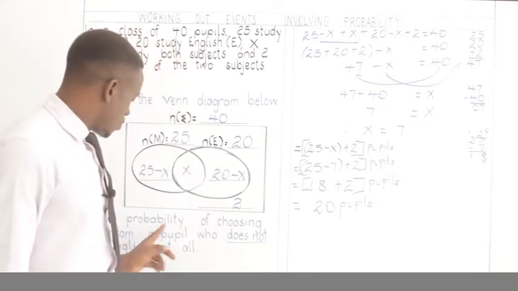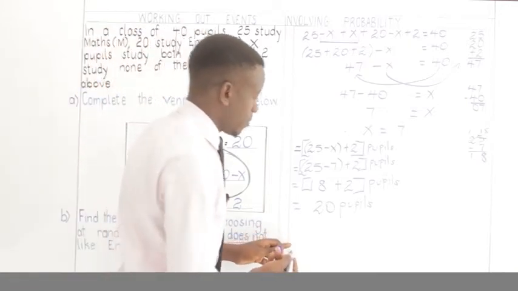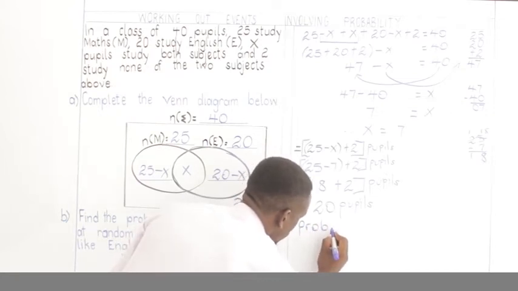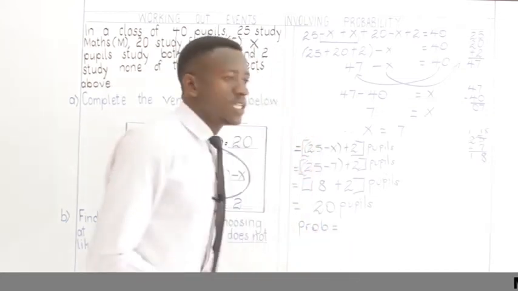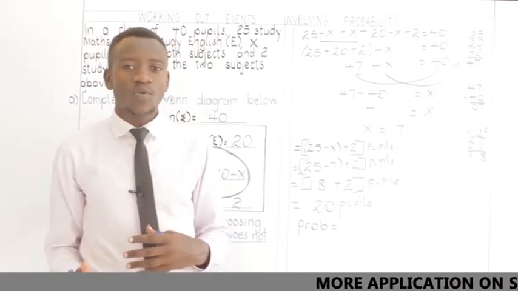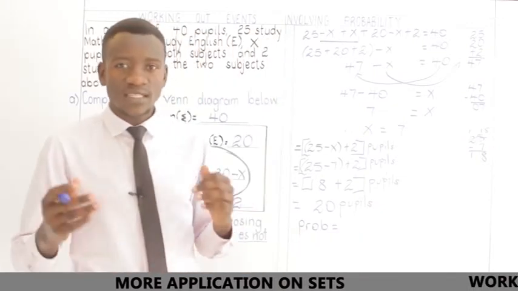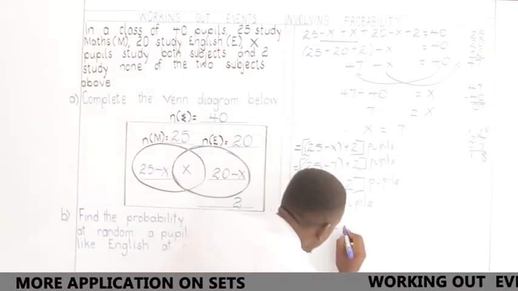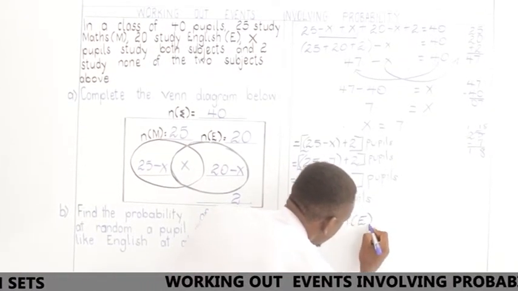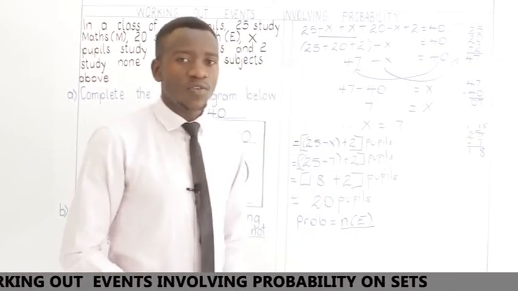Now at this time, we come to the question on probability. So we shall have probability is equal to, we said probability of any given event on a Venn diagram stands for the number of events or the desired chances, out of the total number of events.